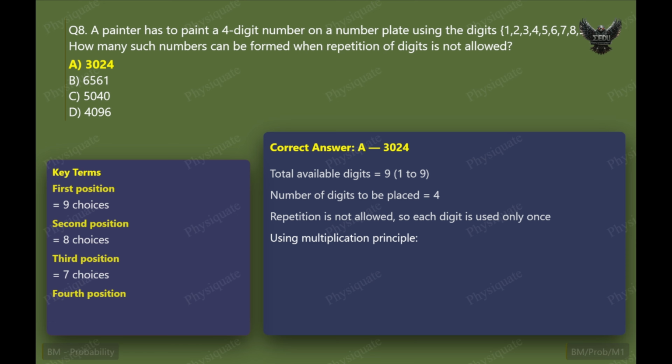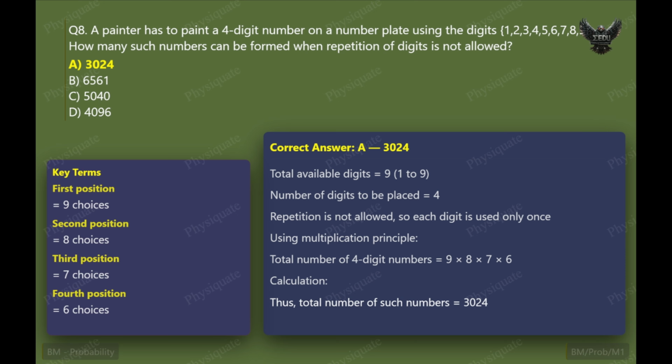Fourth position equals 6. Total number of 4-digit numbers equals 9 times 8 times 7 times 6. Calculation: thus, total number of such numbers equals 3024.